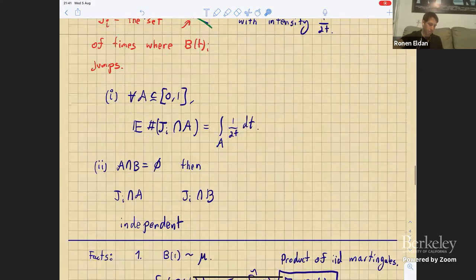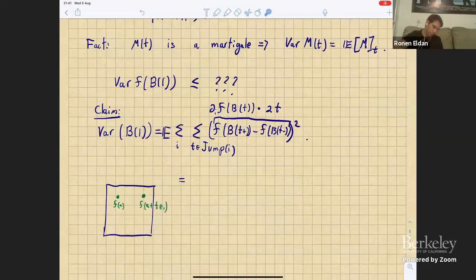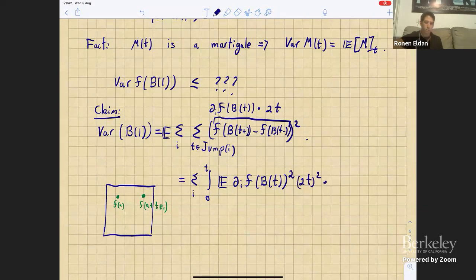What we'll get is that this is just going to be the sum over i of the integral between 0 and 1 of the expectation of this square times 2t squared times the probability that we jumped.